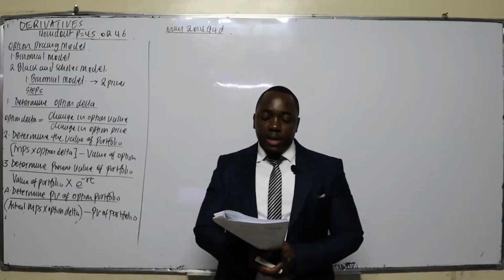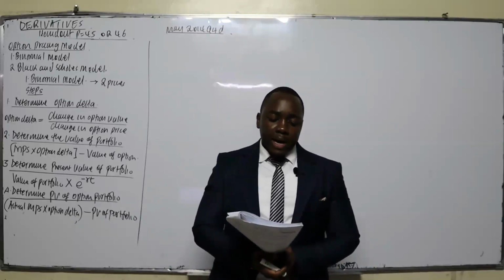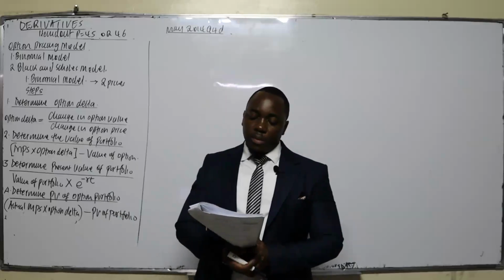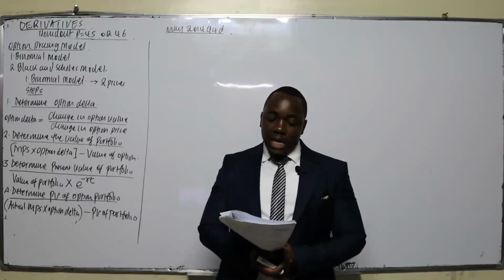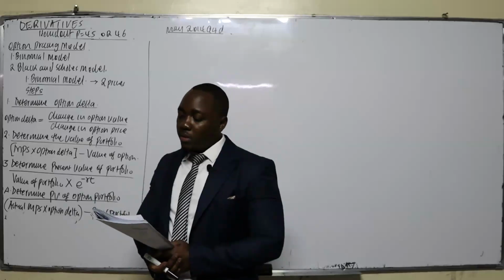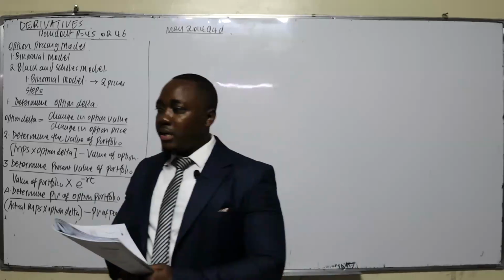Required: calculate the current market price of a call option on the above stock if the term to expiration is 6 months and the strike price is 35.